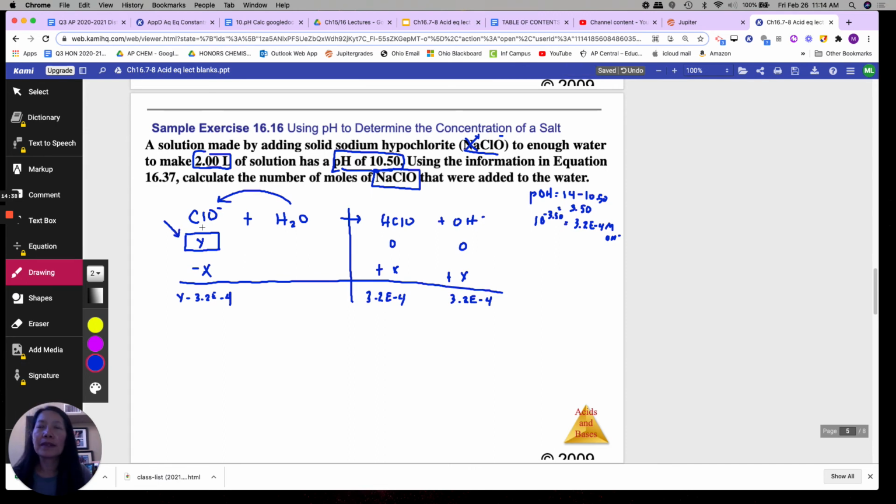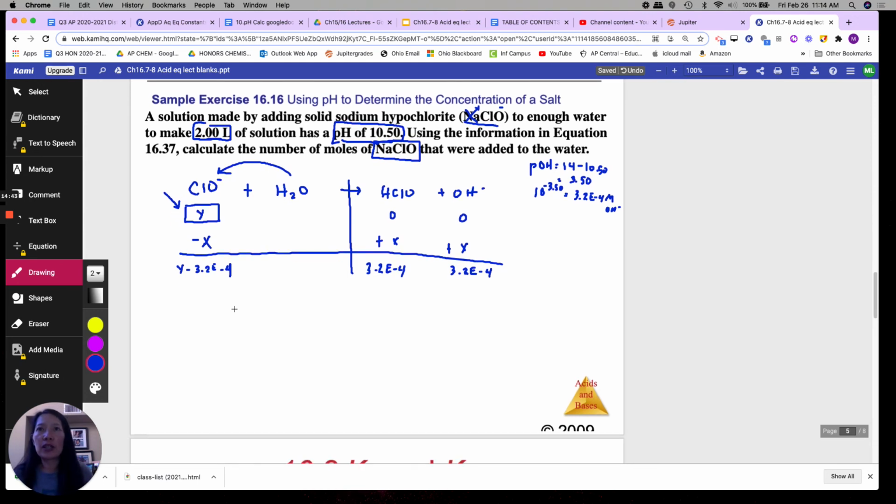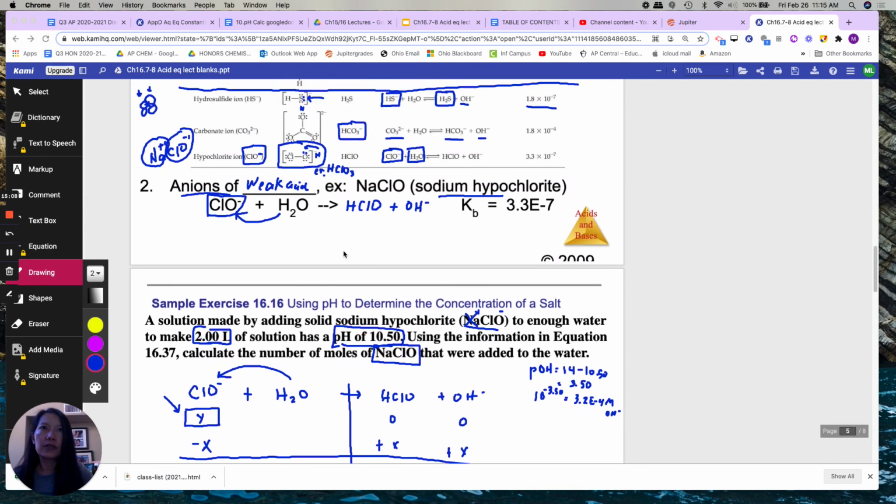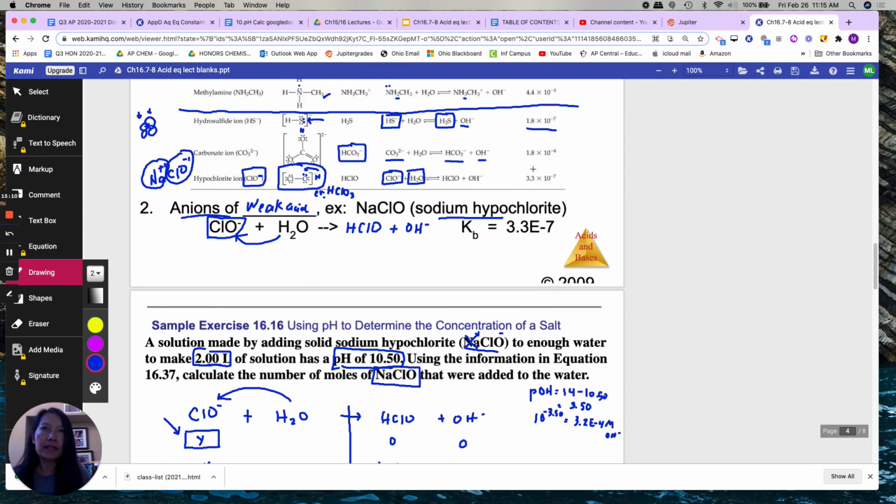Okay, so just solving for Y, you have your equilibrium expression, which is Kb equal to HClO times OH minus over ClO minus. So Kb of this is written up here, 3.3 E negative 7.